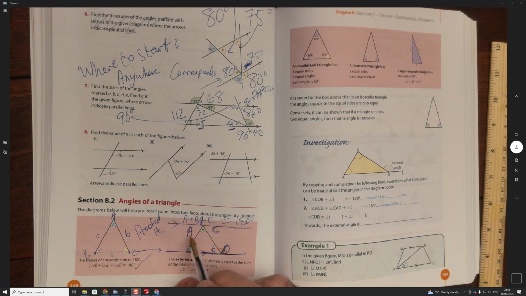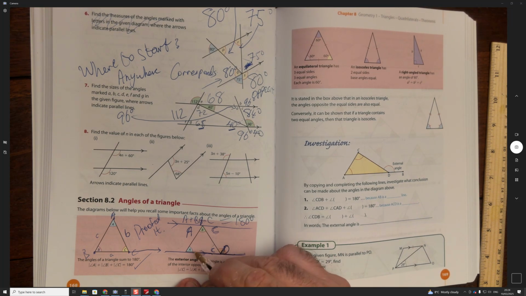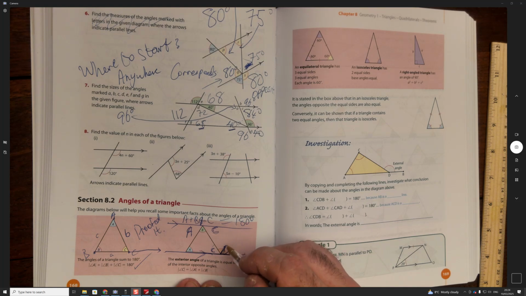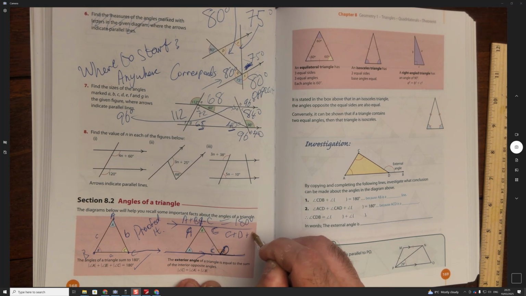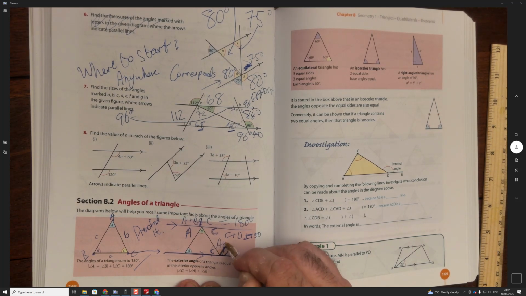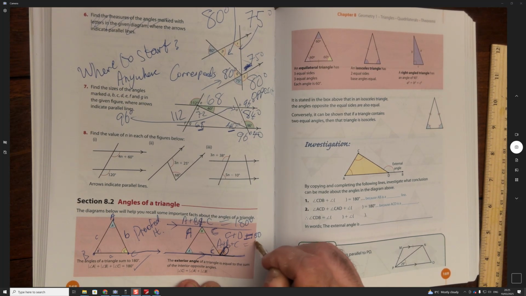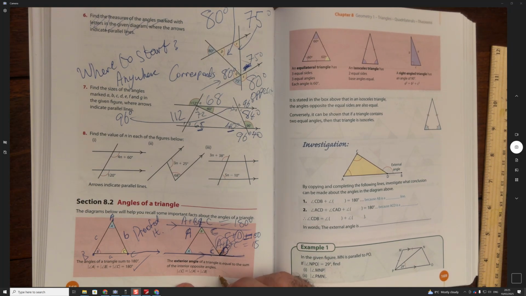Similarly, we know that A, B, and C internally here add up to 180, and we know that C plus D adds up to 180. So if C plus D equals 180, and if A plus B plus C equals 180, then D and A plus B have to be the same thing.